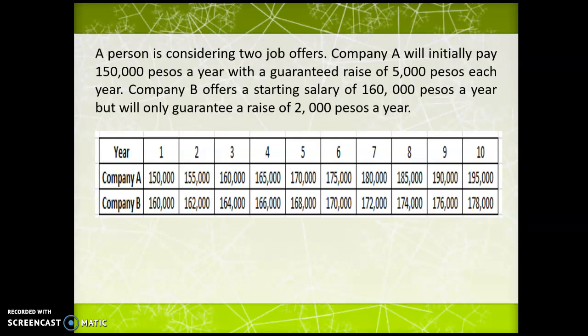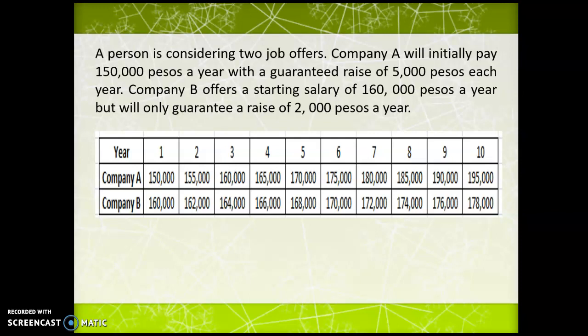So if that person is you, which offer would you take? Would you grab? Okay, so again, imagine the relationship of these figures there. How would it affect us in our decision, in our problem solving skills, right?